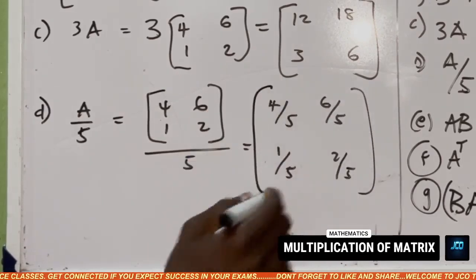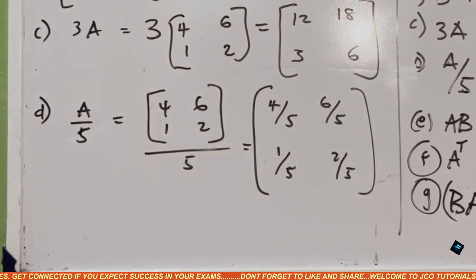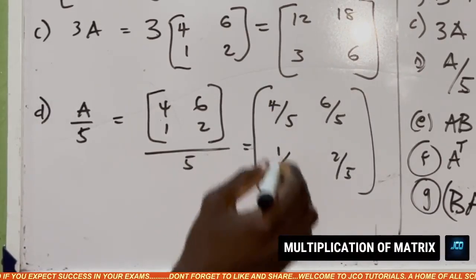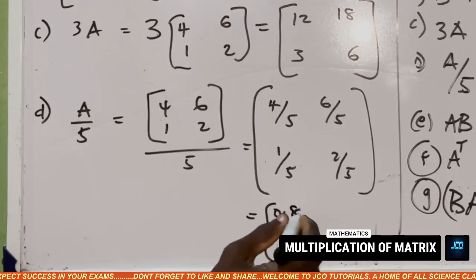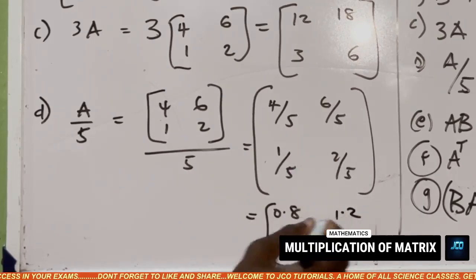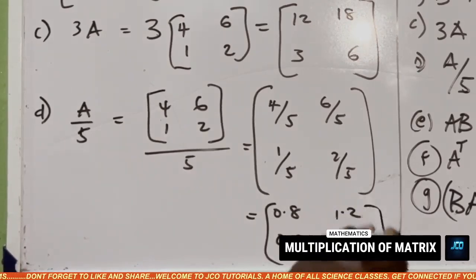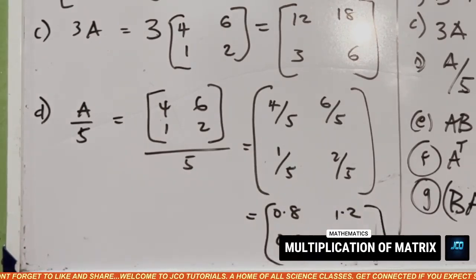This is your answer. If you want to put it in decimal, you go ahead and put it in decimal, and then you have 0.8, 1.2, 0.2, then 0.4. Whichever the case may be, that is how to solve it.